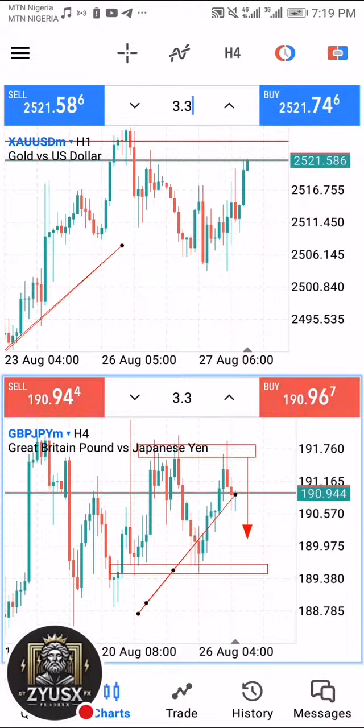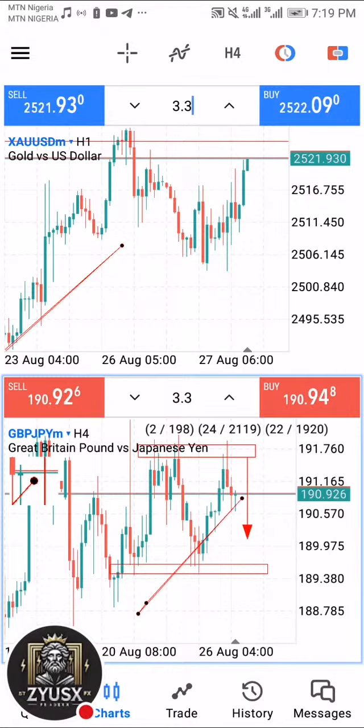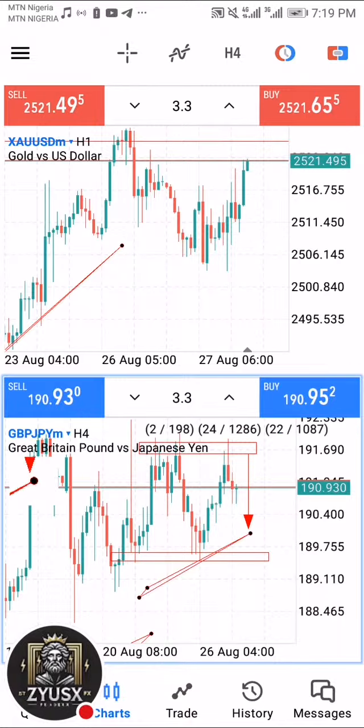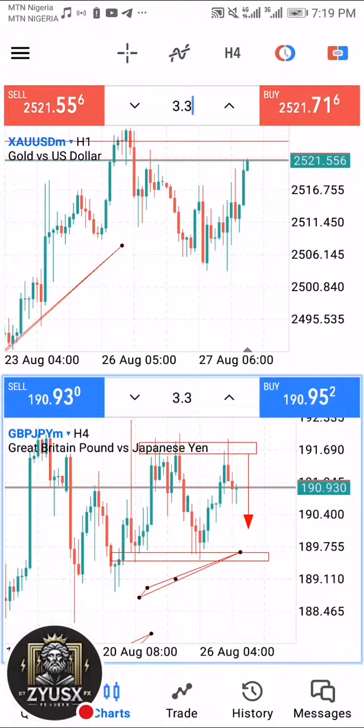So if you are not in a trade already, you should avoid taking any buys or sells at this level, because your probability of winning is very low, because price is in the middle of nowhere. Even though we anticipate price to come back and tap the lows before it can reverse, the chances are very low.